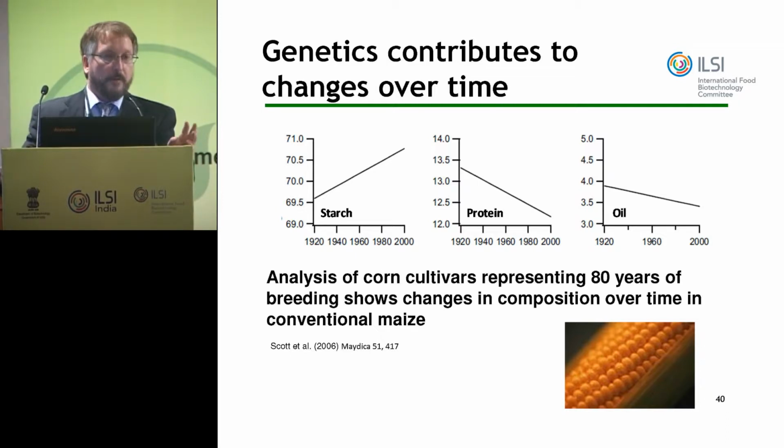So, this is a problem. A brand new hybrid that's a GM might be over here, but if we're starting to have to use non-GM comparators, those might represent genetics from this era.